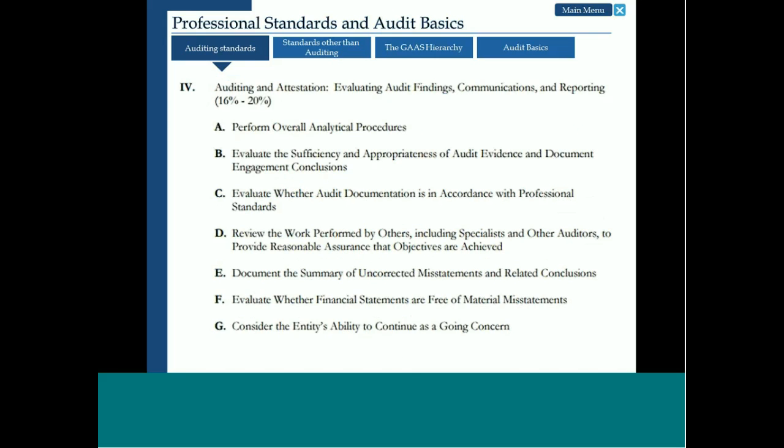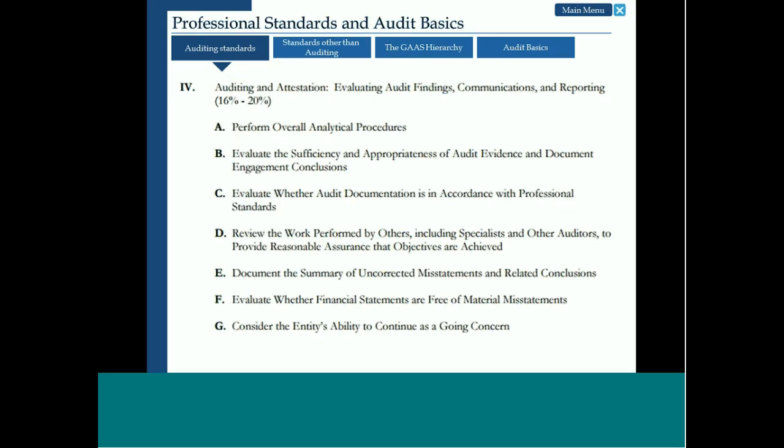The fourth unit is all about reporting, performing analytical procedures. We would have three important words in auditing. First, analytical procedures. Second, test of details or substantive test. And third, test of controls.